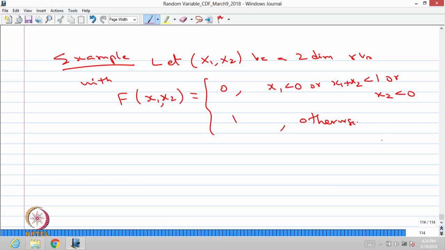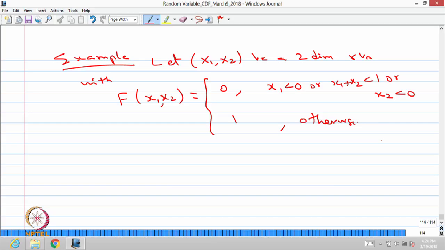The function is non-decreasing as well as continuous from the right. Similarly, you can easily verify that the limit as x1 tends to plus infinity and x2 tends to plus infinity is 1, and if either x1 is minus infinity or x2 is minus infinity, the limit is 0. That also can be easily verified.